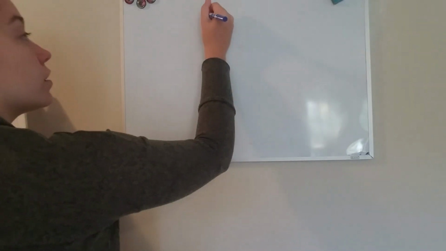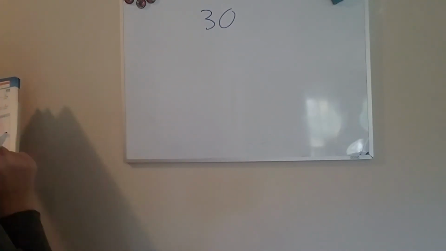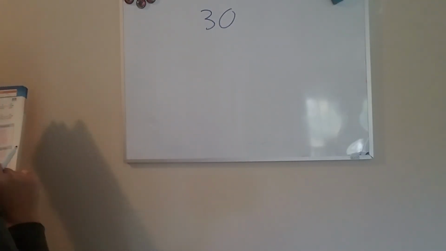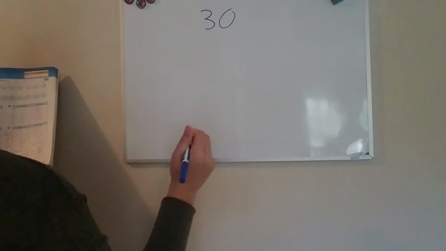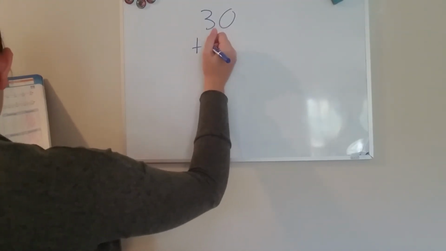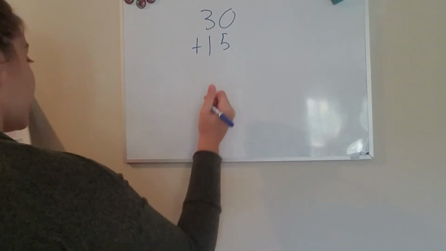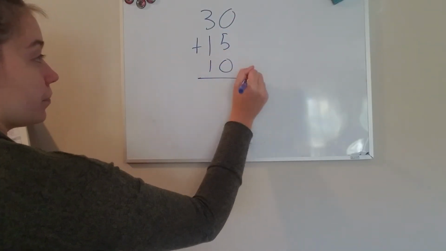So how many minutes did he spend grocery shopping? 30. You can show your work over to the side or underneath the problem, okay? Because I want you guys to do this with me. Then he spent 15 minutes at the library and 10 minutes at dry cleaning, okay?